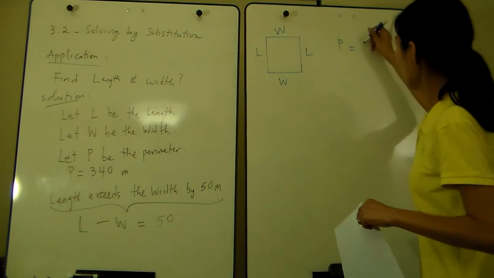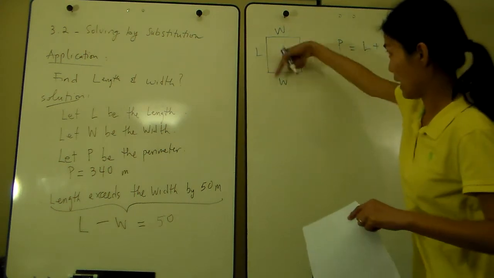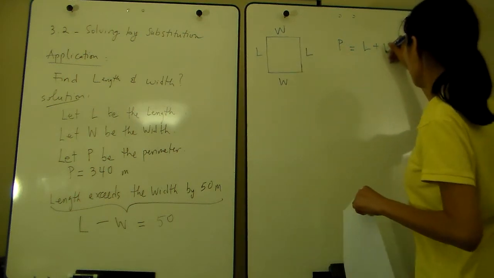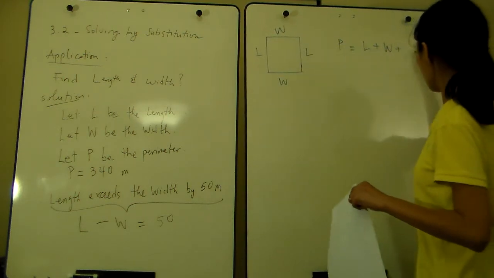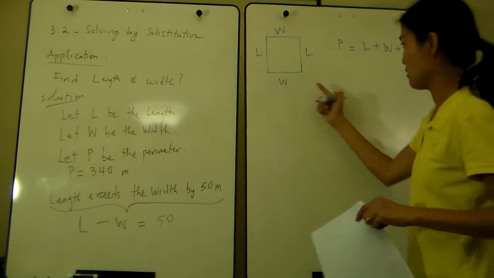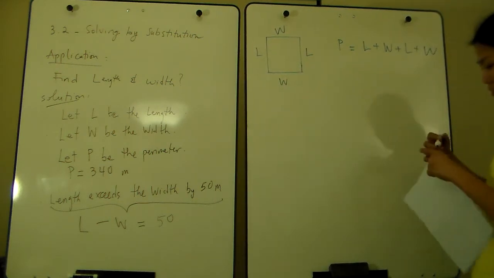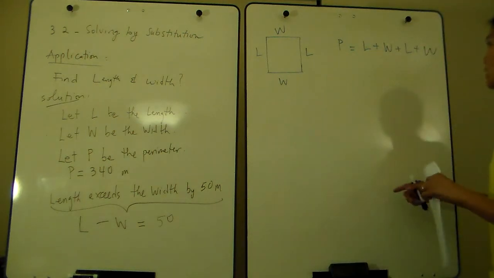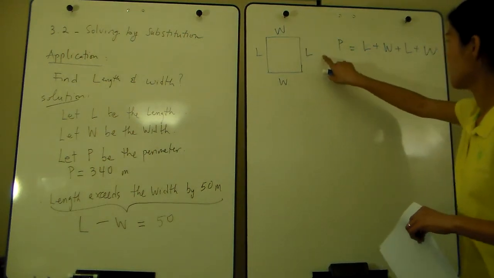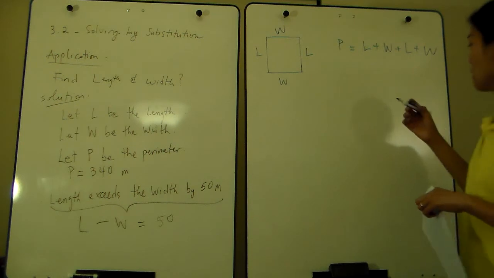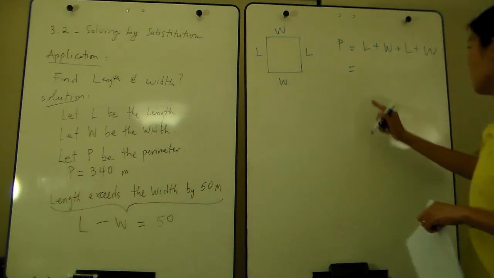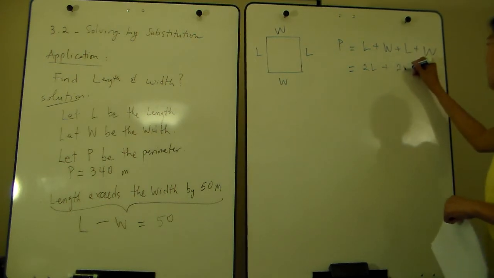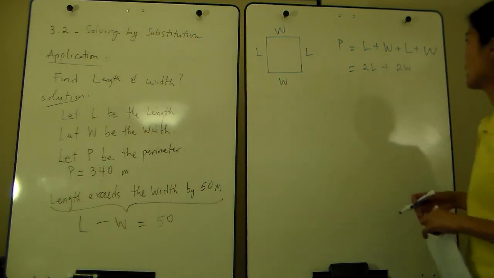So you need to add the length of this much, which is L, this much, which is W, this much, which is L, and this much, which is W. So you just found the perimeter around the rectangle: L plus W plus L plus W. Simplify by combining like terms: 2L plus 2W.